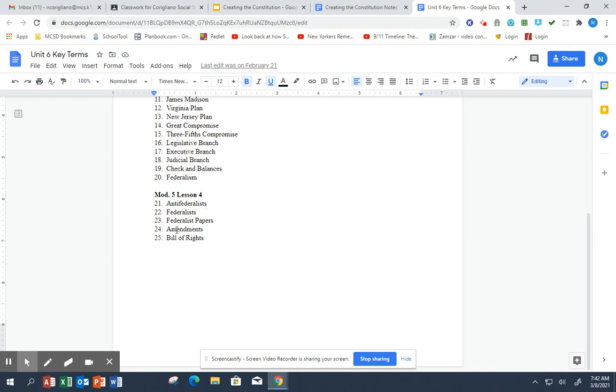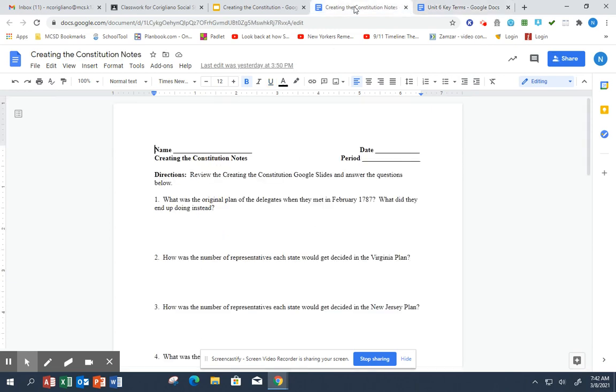There are only 5 terms. If you have not finished the Creating the Constitution notes, you can work on those Thursday, Friday too, which means you should have all your homework due next week done. This should be manageable and doable.